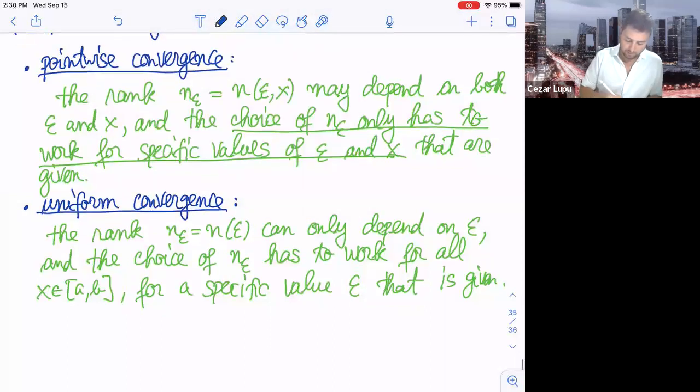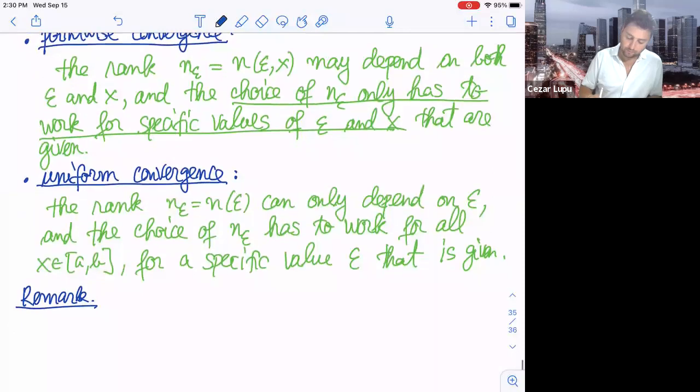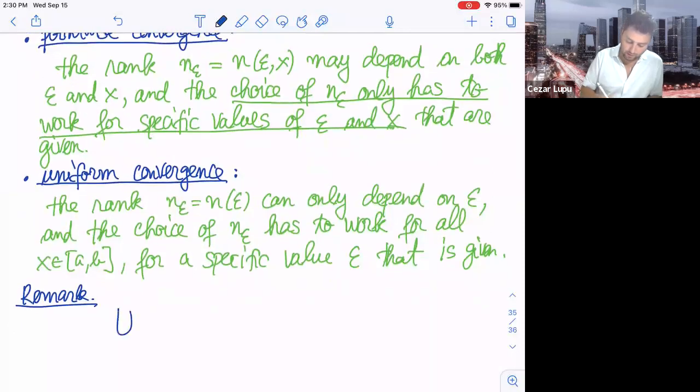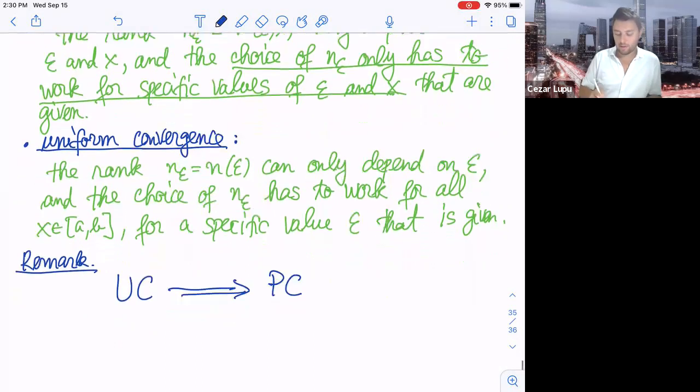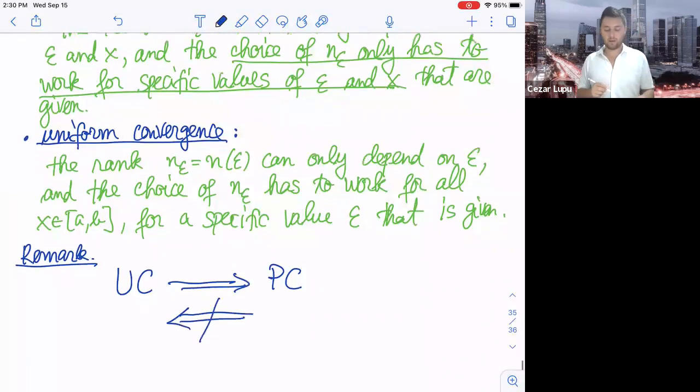So let me point out this remark by just looking at the definition. Uniform convergence, so UC, implies pointwise convergence, but not the other way around though. They're not equivalent.